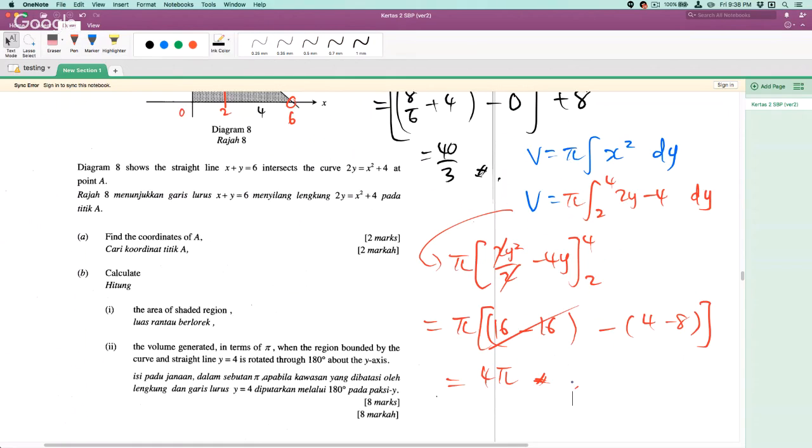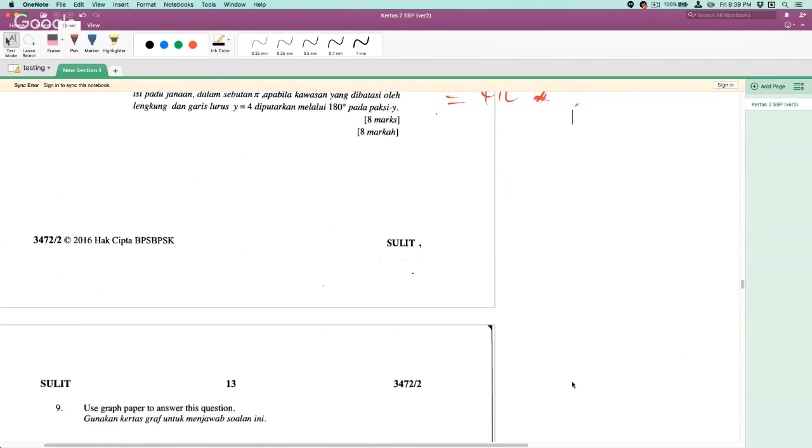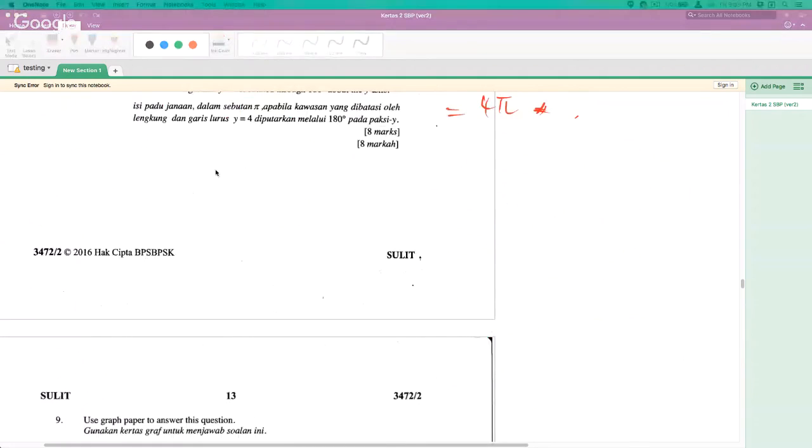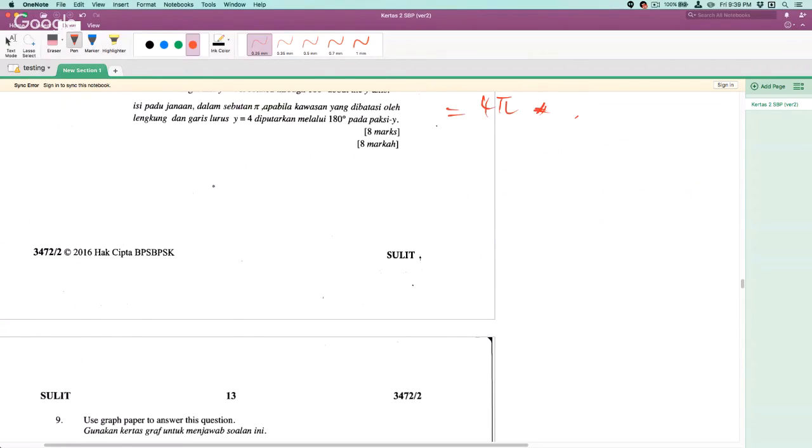How should we know when to put x or y as the subject? How do you know when to put x and y as the subject? It depends on the area. We go to area first, then we go to volume.